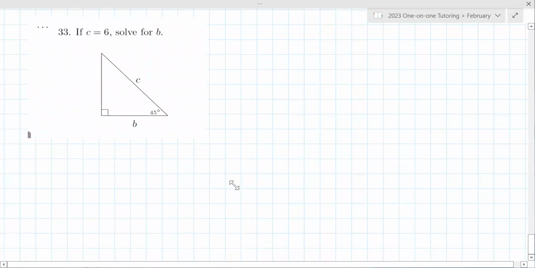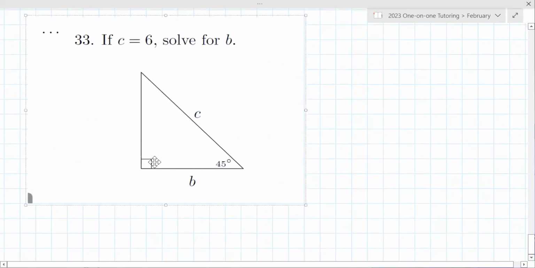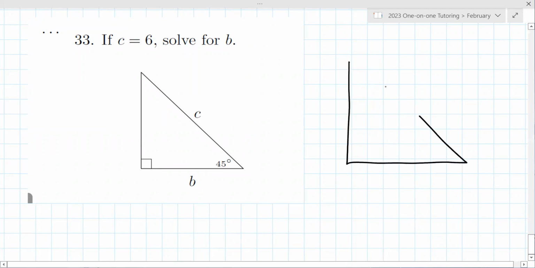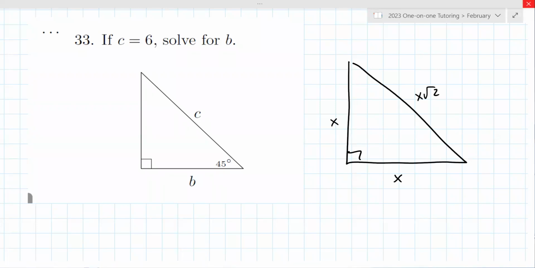So again, this one is a 45, 45, 90 because of the right angle, and they give you the 45. Here they're giving you the hypotenuse. Again, I like to draw that reference triangle, x root 2, every time. Gets you into a good habit for the harder ones, the 30, 60, 90s.